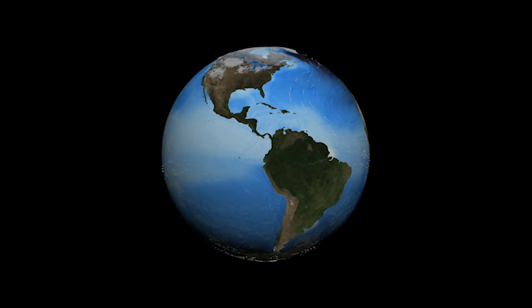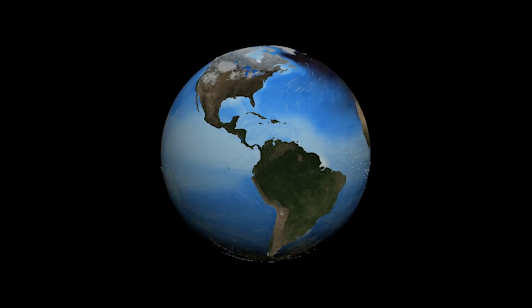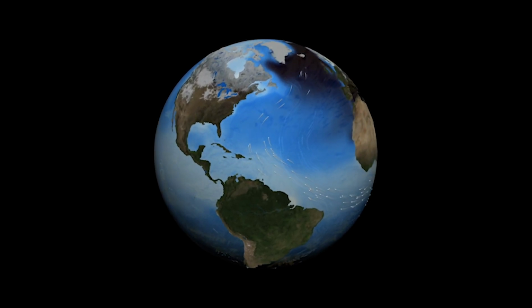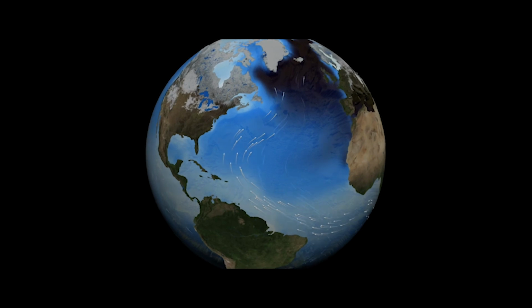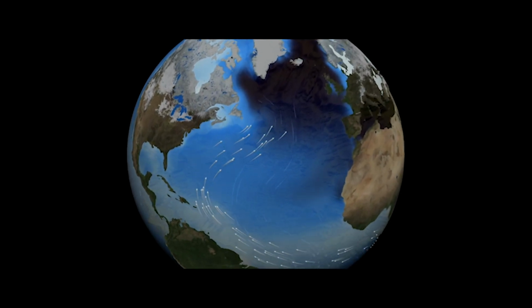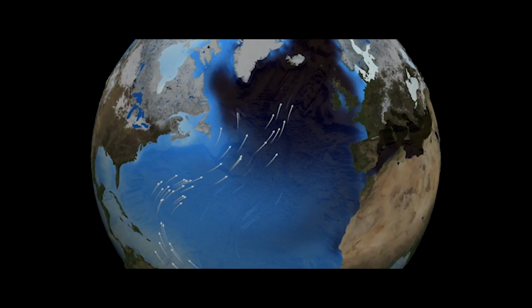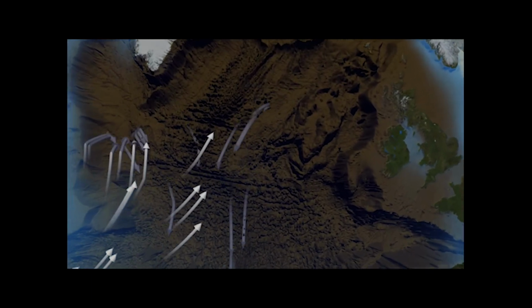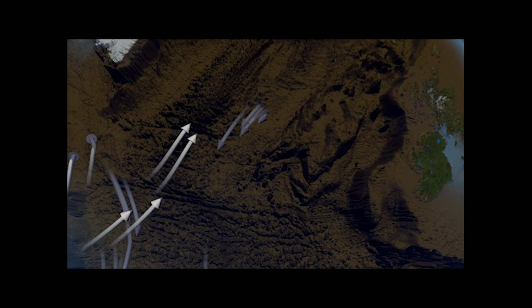Okay, what does this thermohaline circulation look like when we view it from space and maybe take a dive into the ocean? And we're going to travel to the North Atlantic first. And what you'll see is water flowing from the subtropics and the tropics up to the high latitudes.